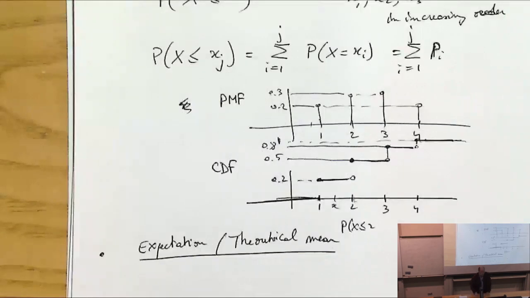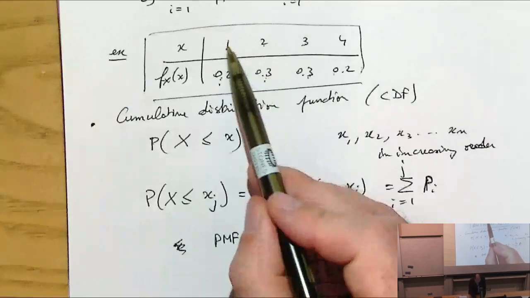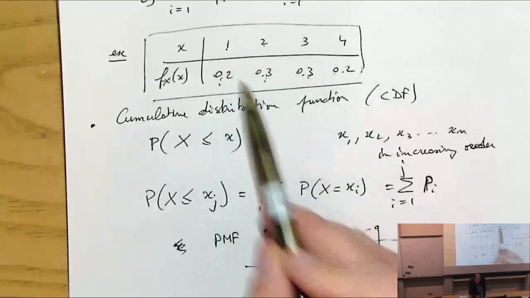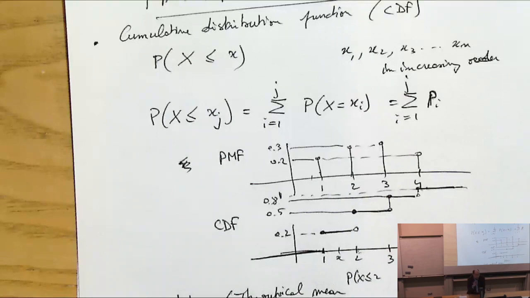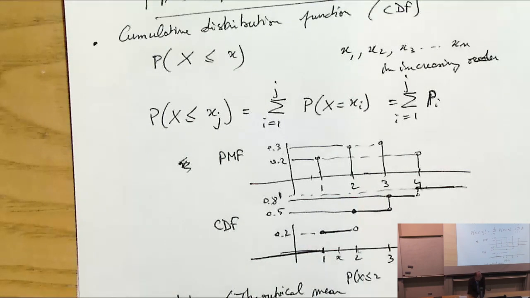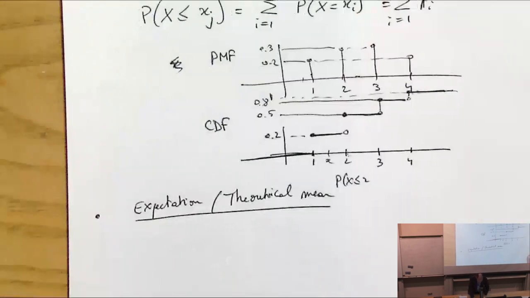Essentially, you're trying to look at where this probability mass function is centered around. If I take this example here, you have some form of symmetry, so the average is here in the middle. In this case, it's 2.5. This is a form of average, called the theoretical mean or expectation.